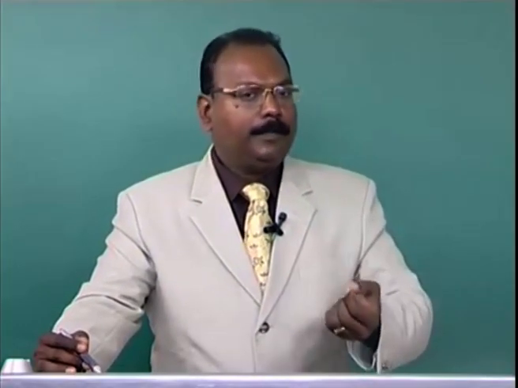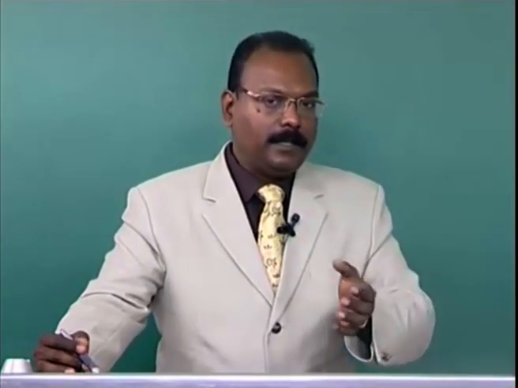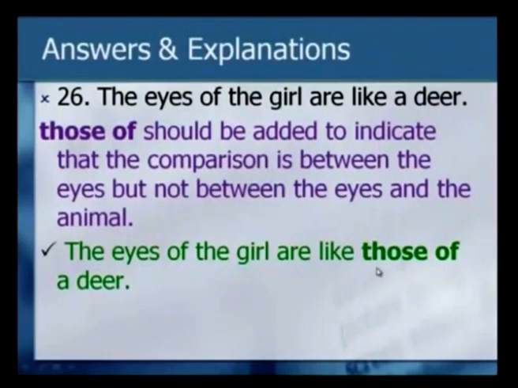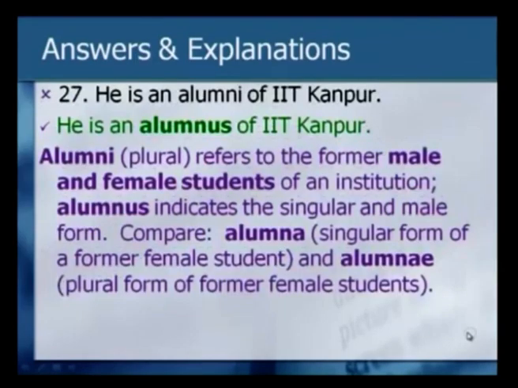But you actually mean to say the eyes of the girl and the eyes of the deer, they resemble each other. In that case, you should use those of, and then it becomes clear, and the clear sentence is, the eyes of the girl are like those of a deer. Look at the next one.